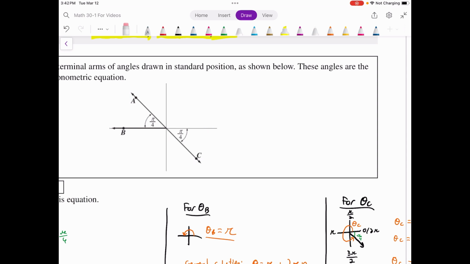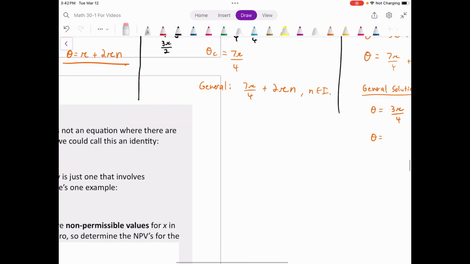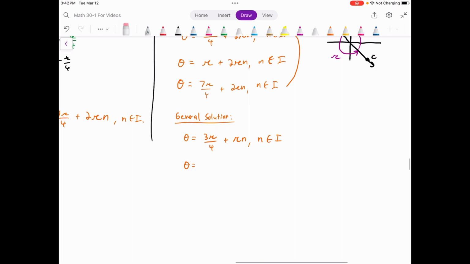So it really only works when they're separated by pi. Sometimes you can even get situations where there might be 4 that are all separated by pi over 2, and then you can combine it even more, right? You could say add pi over 2, add pi over 2, add pi over 2. Then you could just make one statement to cover all 4 principal solutions, okay? But for this one, we're still going to have to state 2 different things.